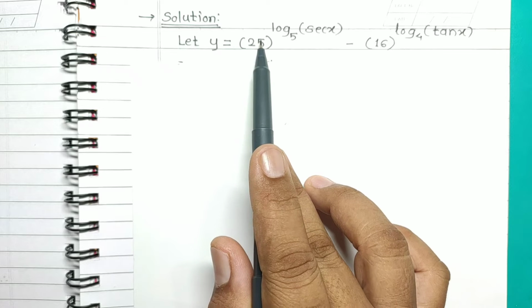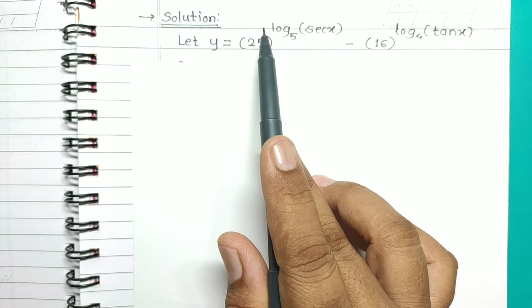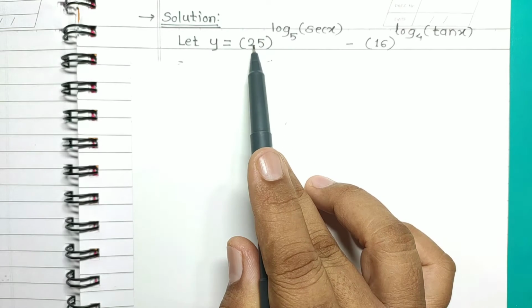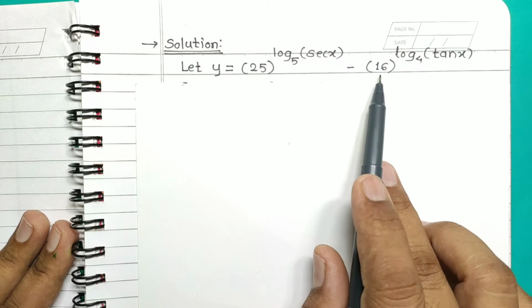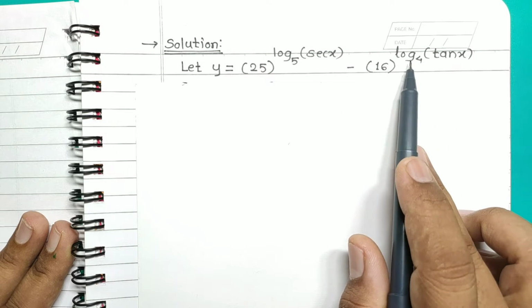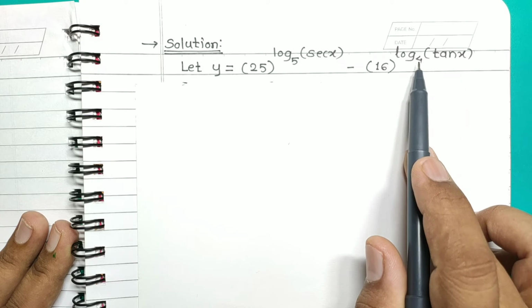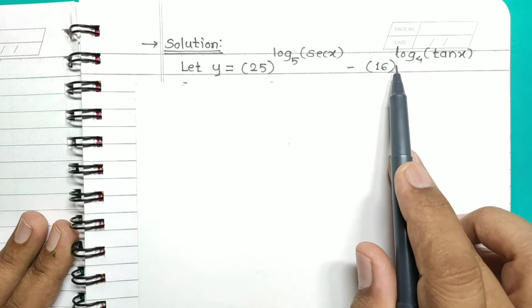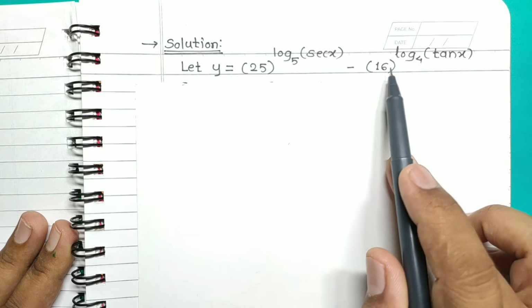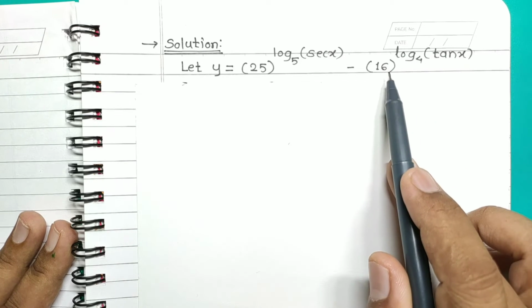So we can write this 25 as 5 square so that we can make both bases the same. Again here, base is 16 and at the exponent there is a logarithmic term with base 4. So again here we can write 16 as 4 square so that we can make both the bases the same.